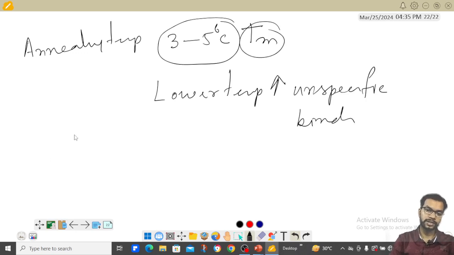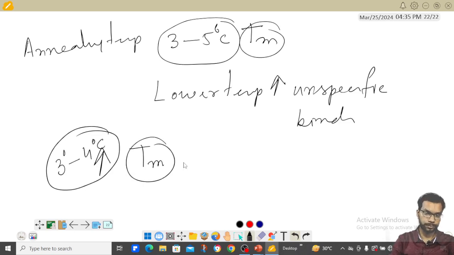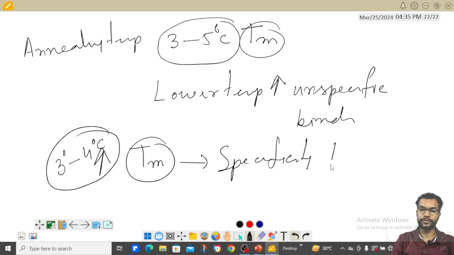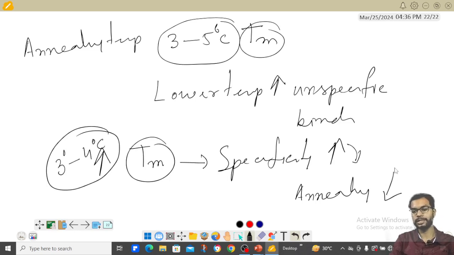That's why in touchdown PCR, we increase the temperature 3 to 4 degrees above melting temperature, so that specificity increases. And after that, we gradually decrease the annealing temperature in subsequent cycles. In the first annealing, the annealing temperature is 3 to 4 degrees higher than melting temperature, and in the next step the annealing temperature is lowered.